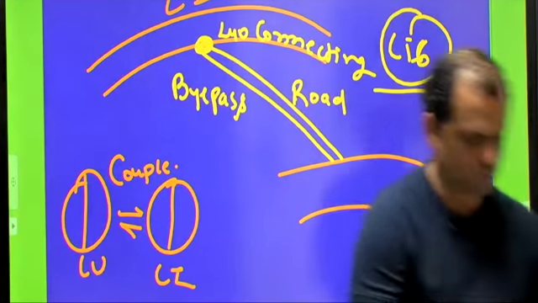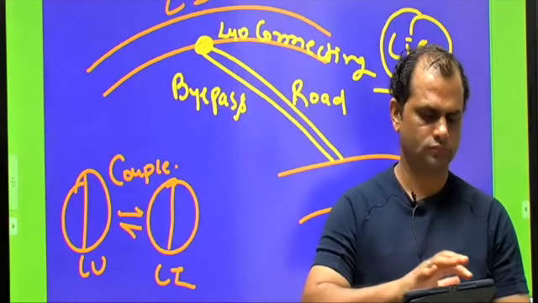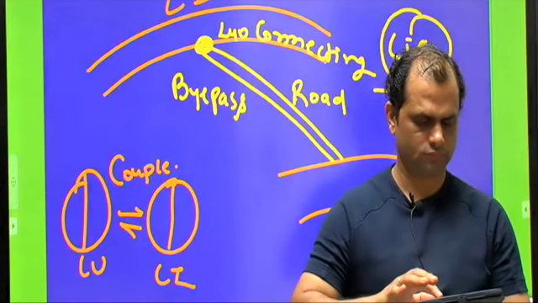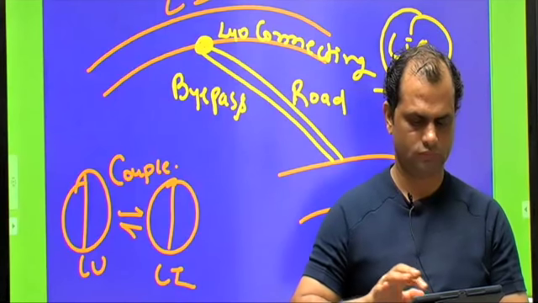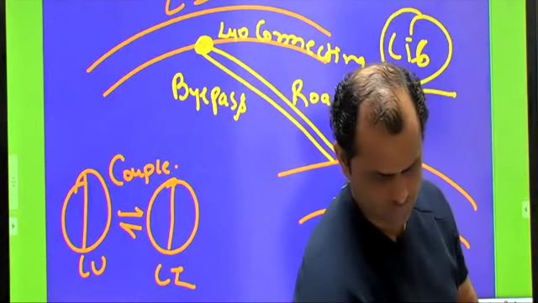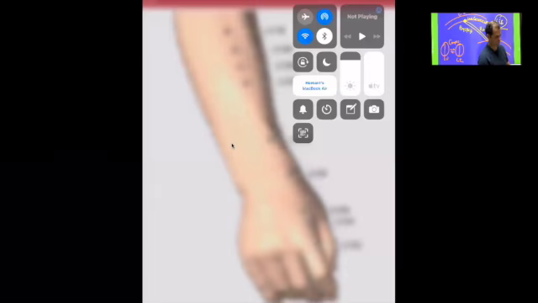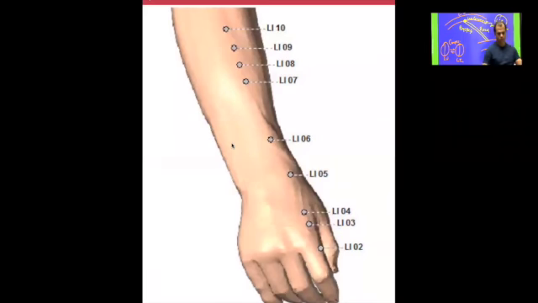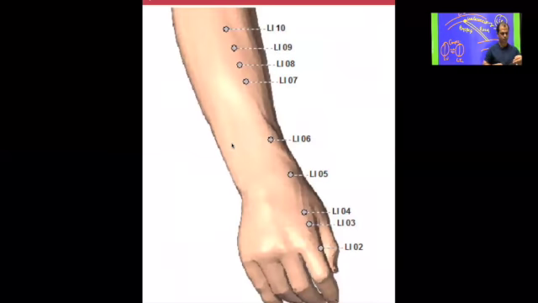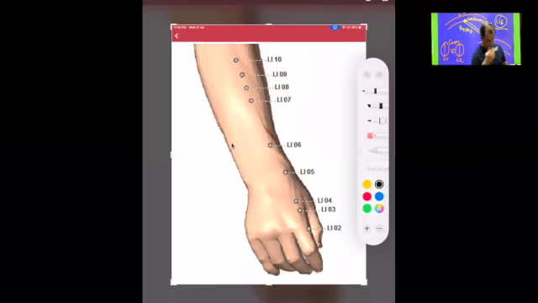Let's see the location of large intestine 6. Look at this image. This is the wrist crease.